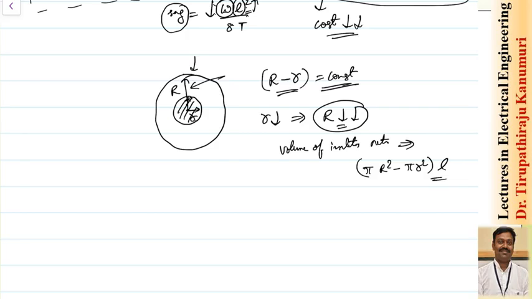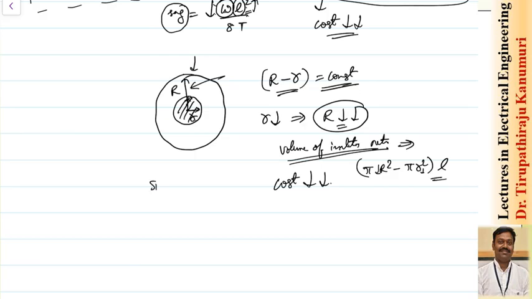This gives the volume of insulation that is required. So as R decreases and small r decreases, the volume of insulating material required decreases, and automatically the cost decreases. Similar is the case for the conductor: as the thickness is less, the cost of the conductor also decreases.